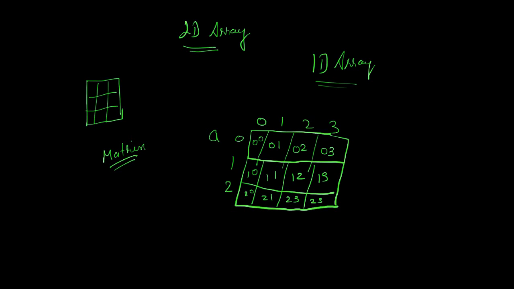So what happens? The elements in these particular positions are represented with two dimensions. One is the row, another one is the column. So every element will have two things.